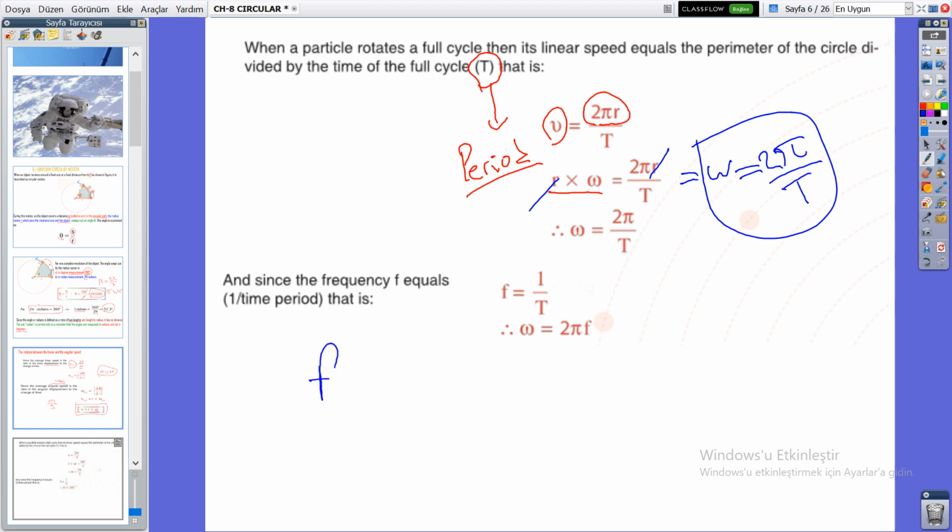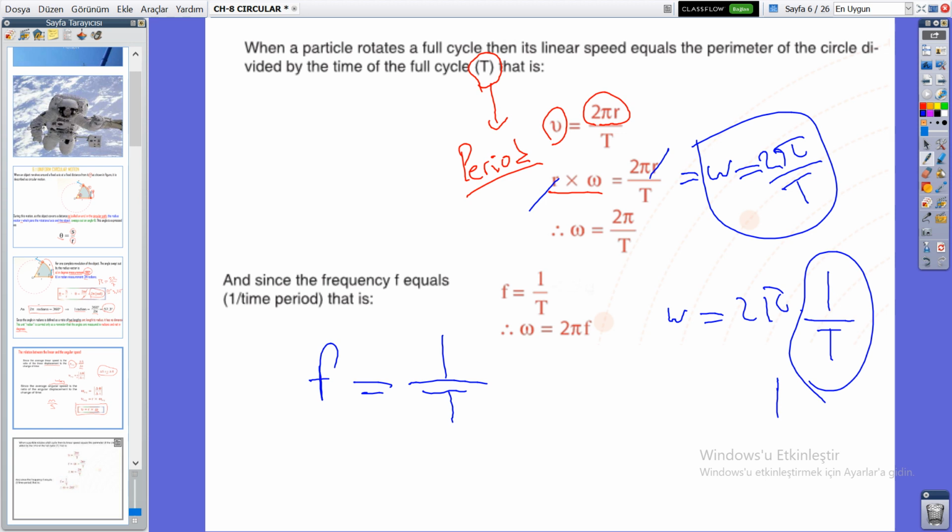Frequency, shown as small f, equals 1 over period. Angular speed equals 2 pi multiplied by 1 over T, and 1 over T equals frequency.